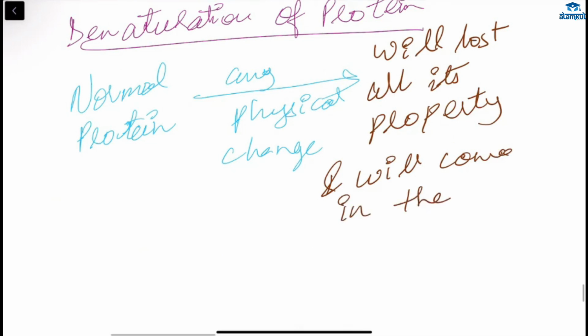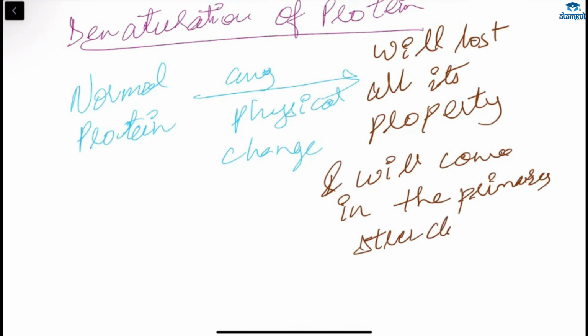In the primary structure, because itself it is still a protein, but it has lost all of its normal functioning property. It will not function as it was functioning earlier due to the physical change, but it will remain in the primary structure, which is basically a simple string structure.